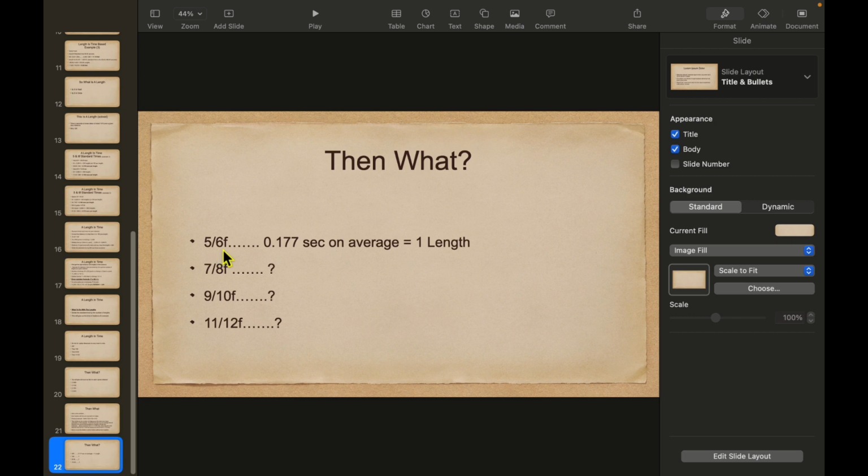If it was 6 furlongs and 30 yards, I would call it 6 furlongs. If it's 6 furlongs and 180 yards, obviously 220 yards in a furlong, I'd call it 7 furlongs. It is a judgment call which pairing you put it in. Okay? That is the end of the slideshow.